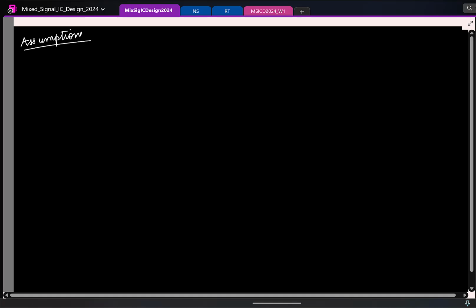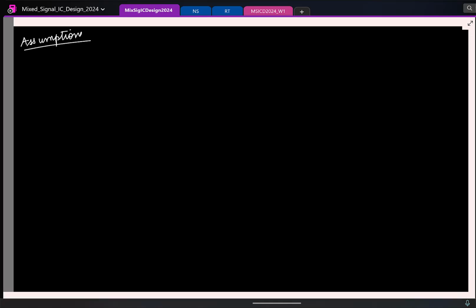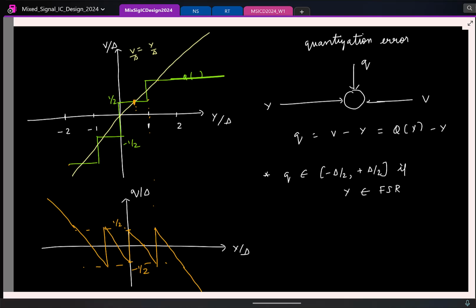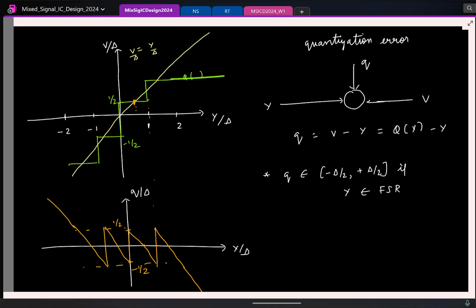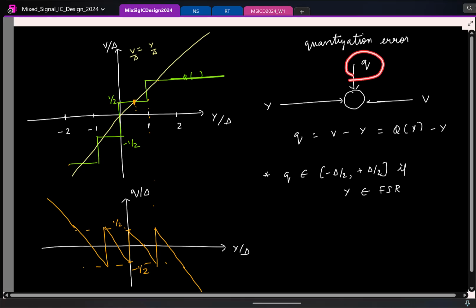It will sound atrocious, but it turns out in practice, under appropriate conditions, these hold quite well. Okay, that's all. So the first assumption is this. Firstly, you tell me if the quantization error here is a function of the input or an independent signal. Does it depend on the input? It strongly depends on the input. In fact, that is one of the things that makes this analysis easy. This is not some independent signal.